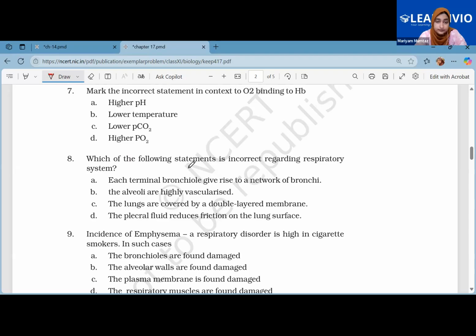Is it A? Yes. Why? Because bronchi give rise to bronchioles, not the other way around. And the bronchioles finally give rise to what? Alveoli. Yes. Very good.